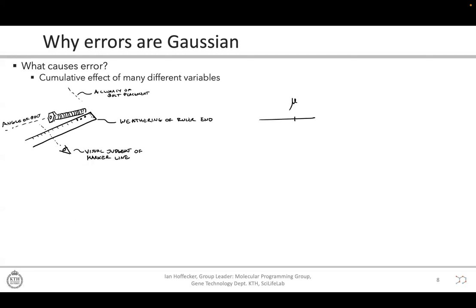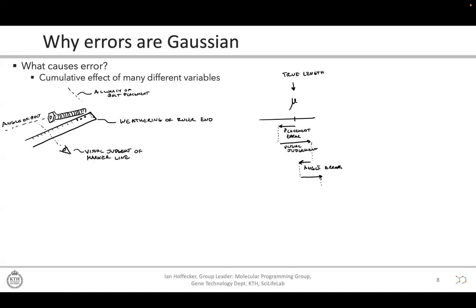And if we were to represent this on, say, a little number line here, where mu is our population mean, or the true value, existing here. And if we add the contribution of different sources of error, maybe placement error could cause us to be a little bit off in the negative direction.